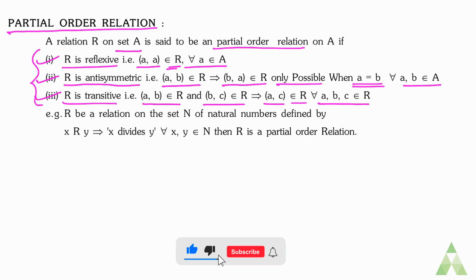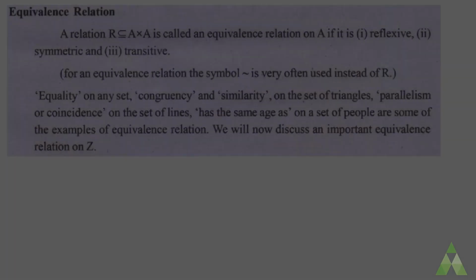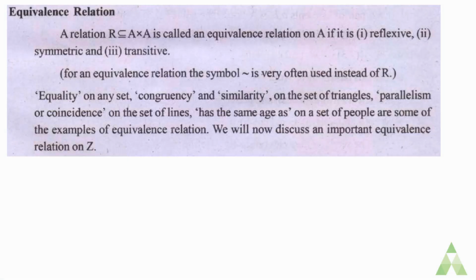For example, R be a relation on the set N of natural numbers defined by x in relation with y implies x divides y for all x, y belongs to N, then R is a partial order relation. Now let's move to the most important relation, that is equivalence relation.